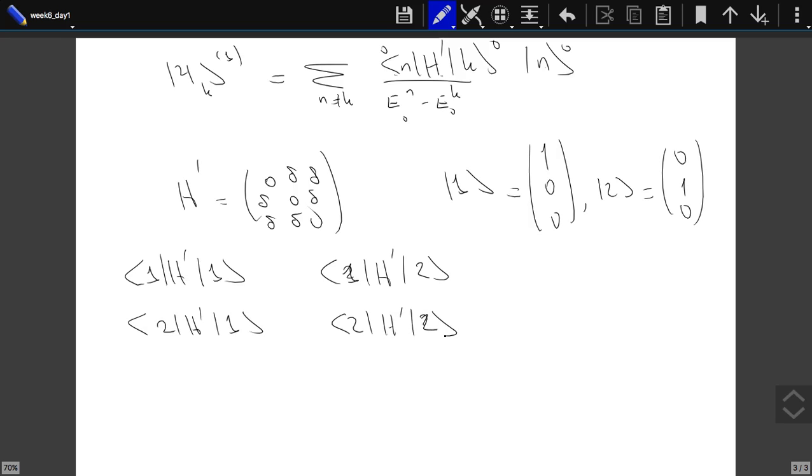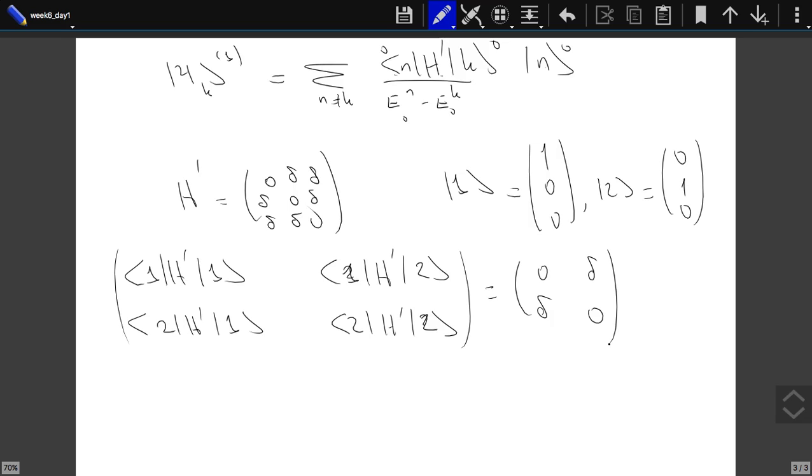States 1 and 2 are my degenerate states. So I form this matrix, which is 0, delta, delta, 0. And then I find some linear combinations of 1 and 2 whose off-diagonal matrix elements would give me 0.